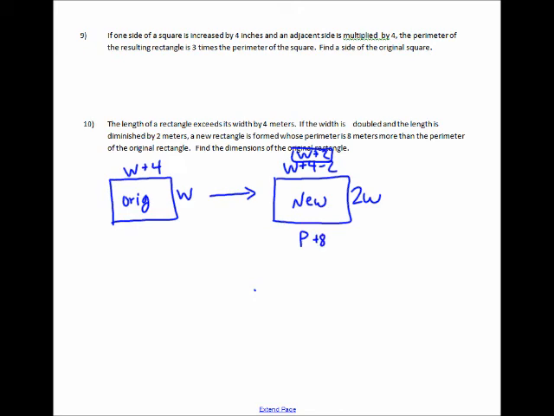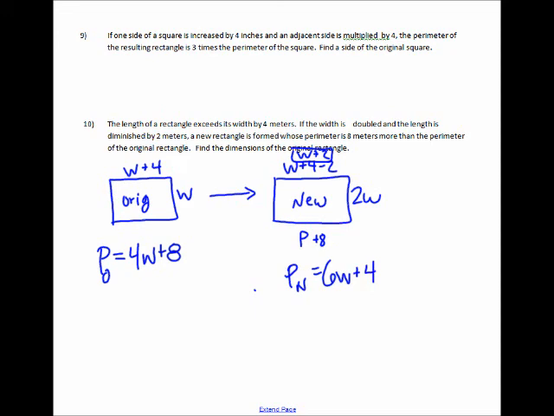Okay? So what is the perimeter here? The perimeter here is going to be 4W plus 8. And the perimeter here, that's my original, is going to be 2W plus 2W plus W plus 2 plus W plus 2, which is 6W plus 4.